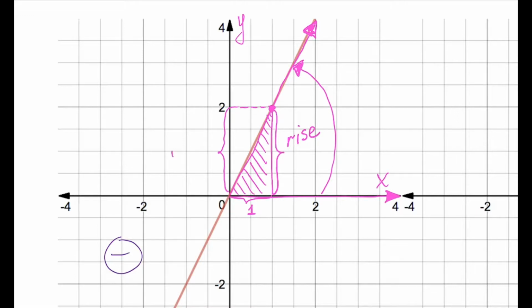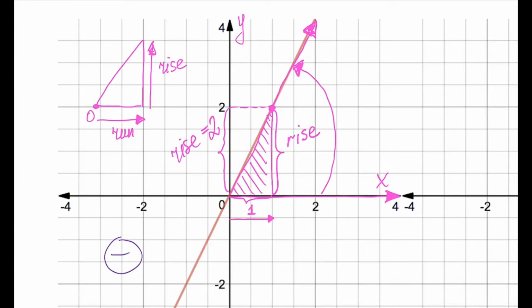So rise, again, equals 2. A run is this side. This is how far did our x run? It went up by 1, or went to the right. So any kind of triangle that looks like this is constructed of this going up, which we call a rise, and this is where my 0 was, a run for x.